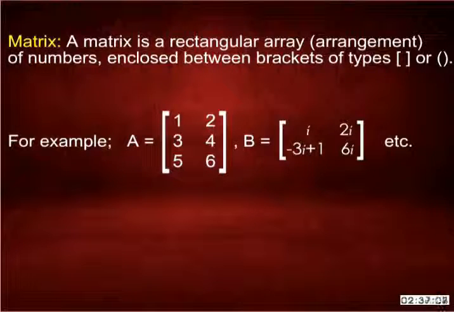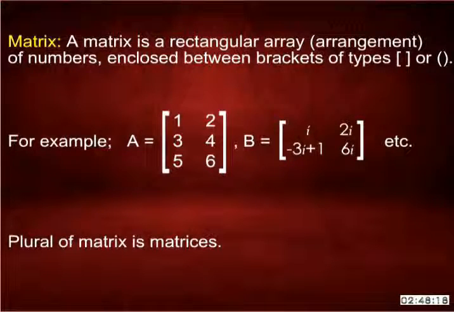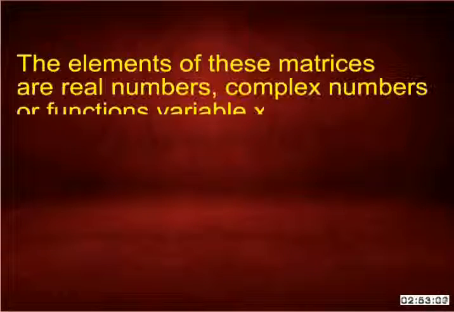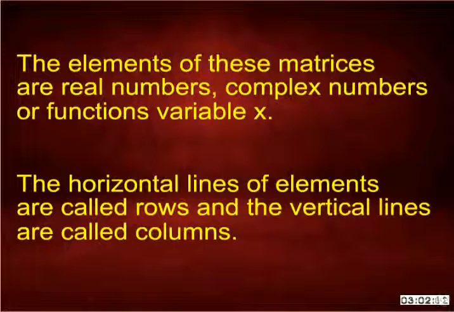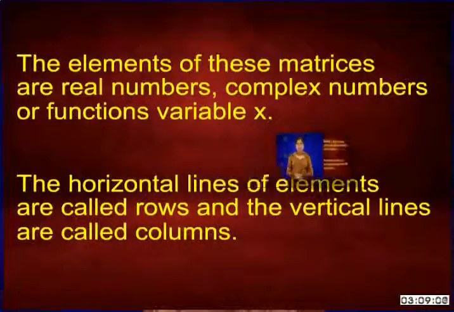So we can say that order of matrix A is 3 by 2 and order of matrix B is 2 by 2. Also, plural of matrix is called matrices. The elements of these matrices are real numbers, complex numbers or functions, variables, x. The horizontal lines of elements are called rows and the vertical lines are called columns.